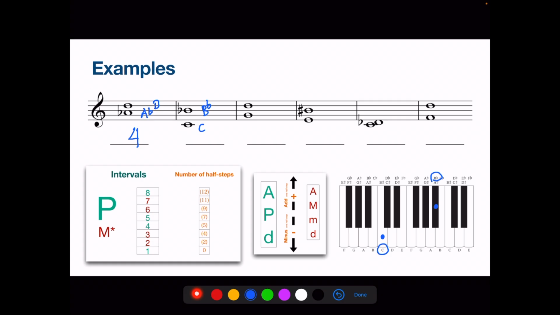Now, C to B: if you count C, D, E, F, G, A, B, 1, 2, 3, 4, 5, 6, 7. That's an interval of a seventh. And we still don't know whether it's going to be a major 7 or a minor 7 or an augmented 7 or a diminished 7. We don't know yet, and we'll figure it out.